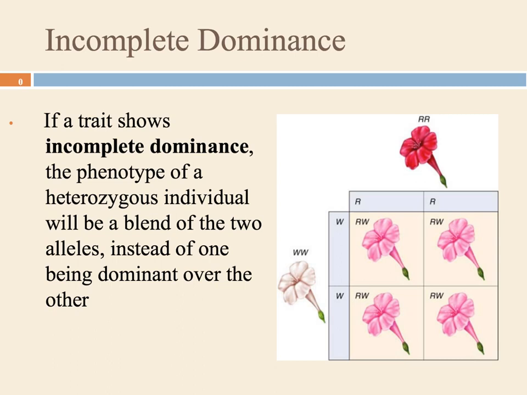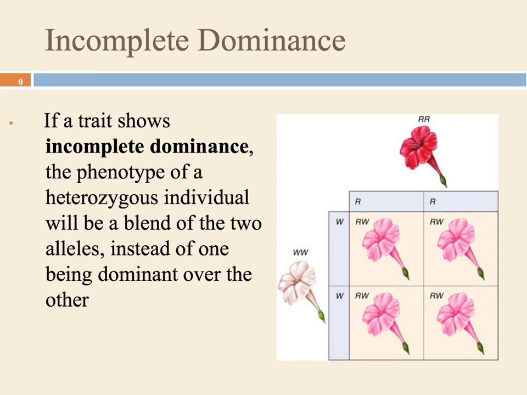So incomplete dominance. Incomplete dominance simply means that a trait is not exhibited in a normal fashion. For example, a red flower crossed with a white flower, all of the offspring would be pink. And what that means, for incomplete dominance, is that there is a masking or a blending of the two.